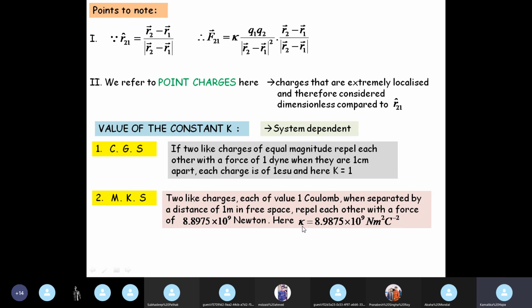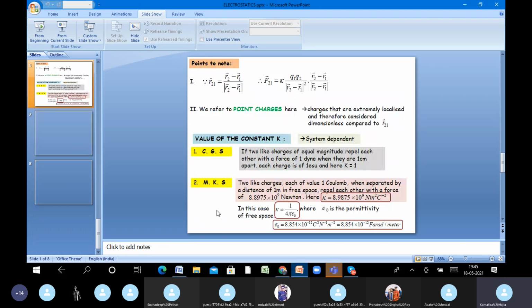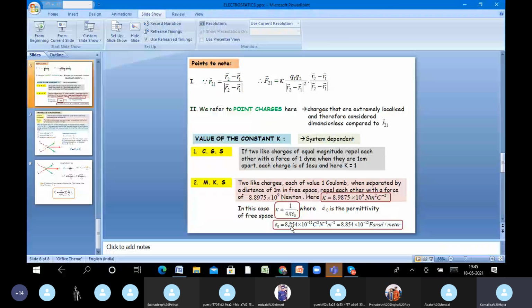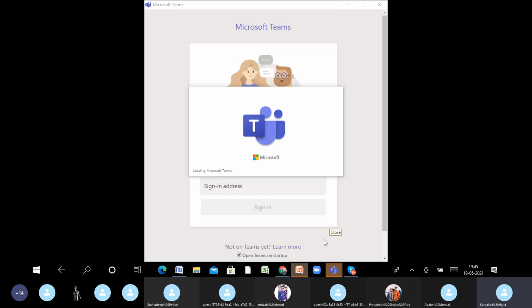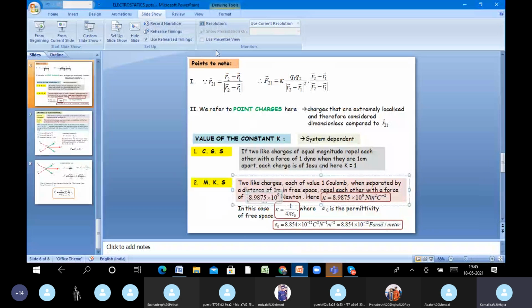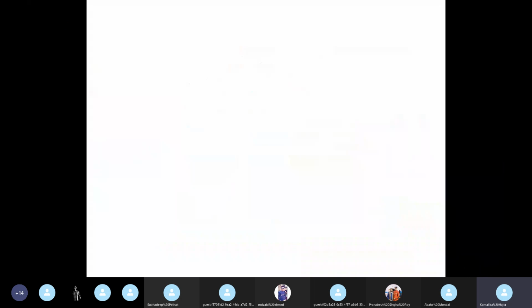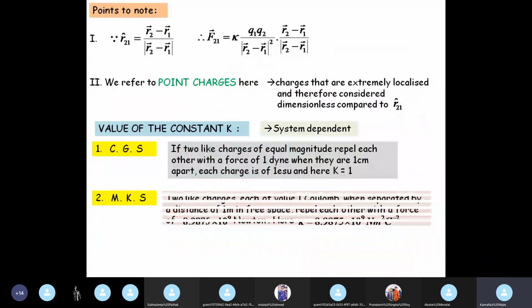So in MKS system, the value of kappa is 8.9875. Okay.